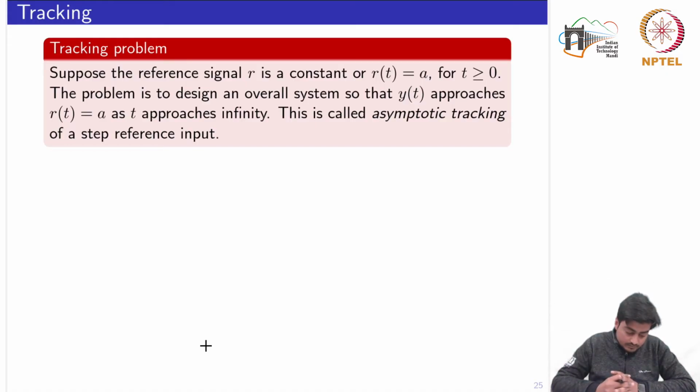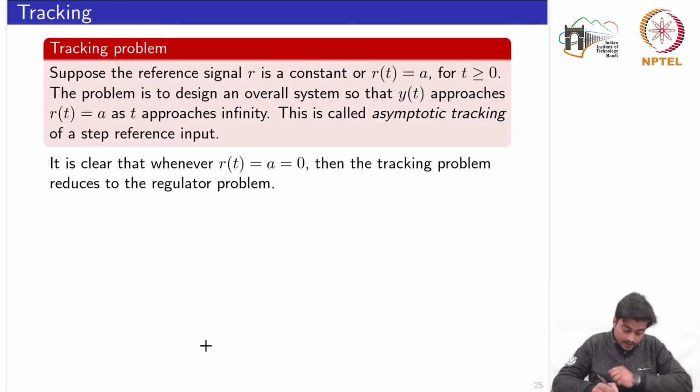Now within these two classifications of the state feedback control design problem, if you put R of t, or A, equal to 0, then the tracking problem reduces to the regulator problem.